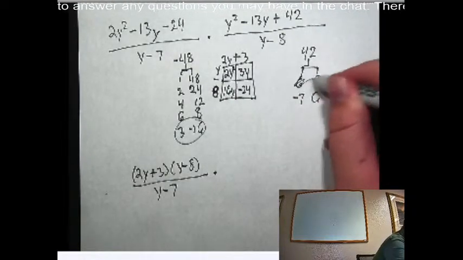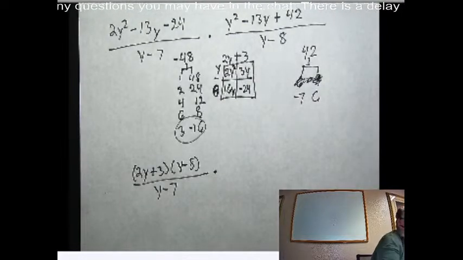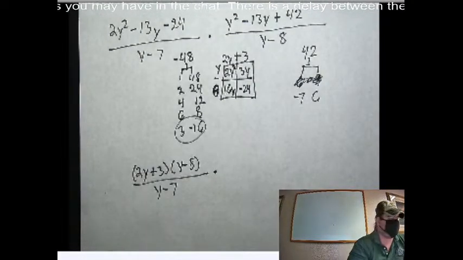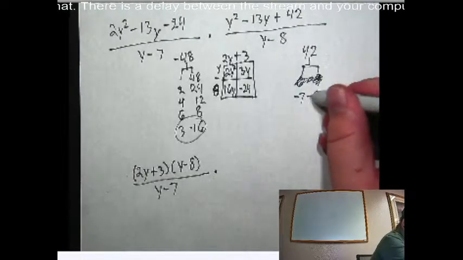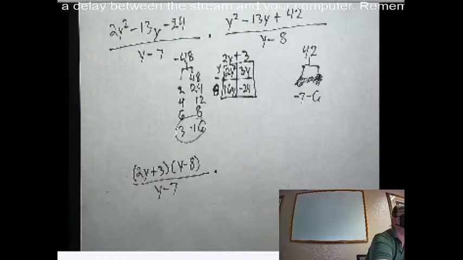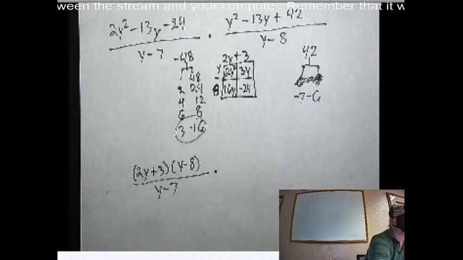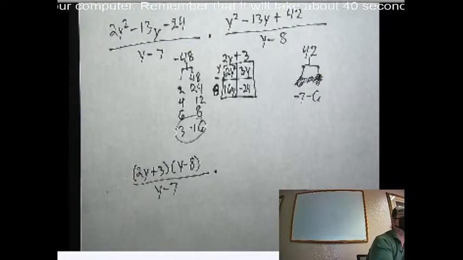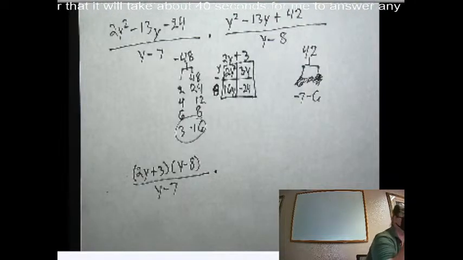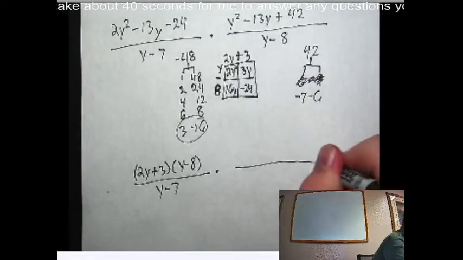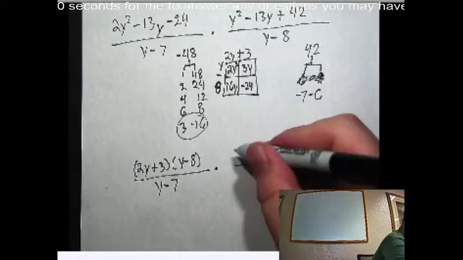There we go, that's what I was looking for. Okay. So negative 7 and negative 6, there we go, gives us a negative 13 when we combine it, and positive 42 when we multiply. Do we need to go through our box method? No, because our leading coefficient is positive 1. So what are our two factors?